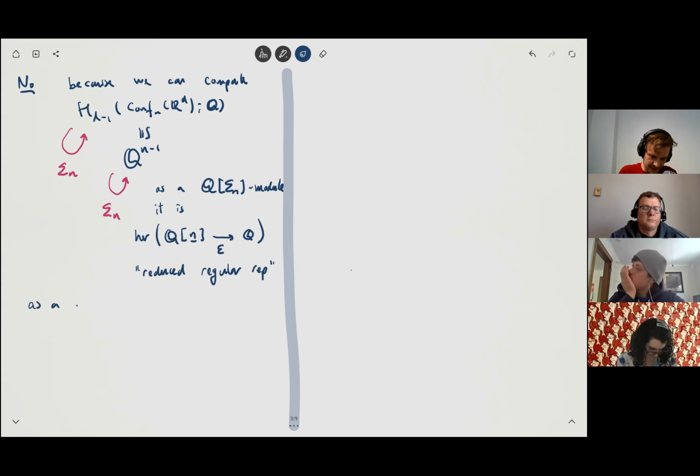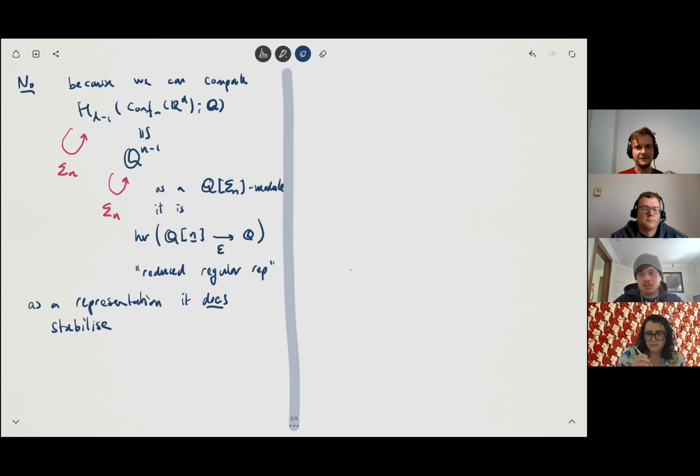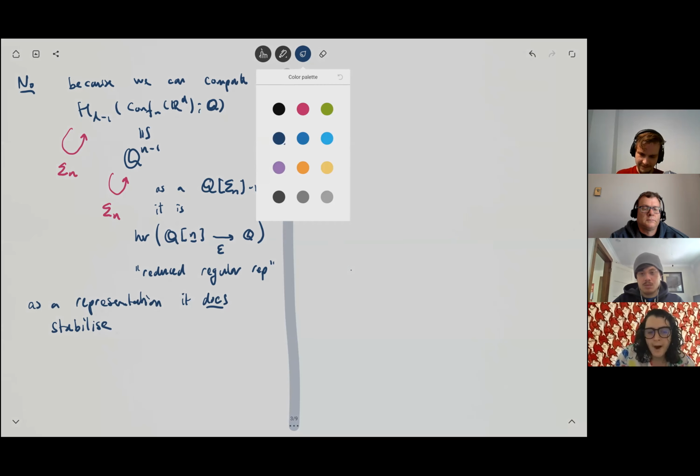So as a representation, it does stabilize. Now, let's make this into a precise statement, because so far I've just somehow given a name to it that's uniform. But somehow this philosophy, there are many different ways of making it precise, is called representation stability.